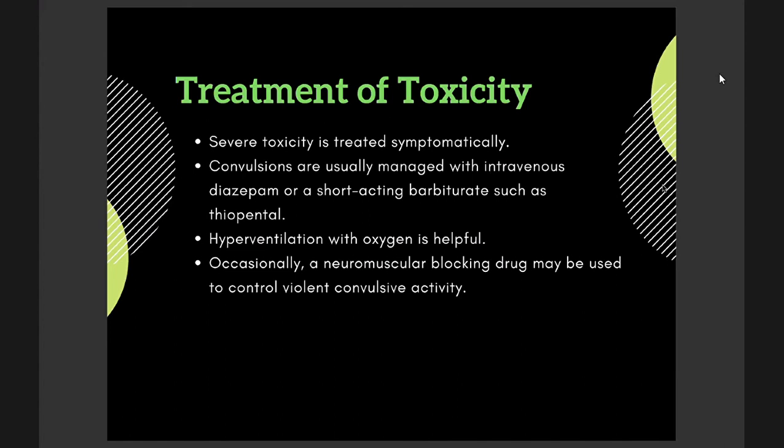So that is very important, that local anesthetic-induced seizure activity should be stopped because it can vastly increase the body's metabolism. Diba?